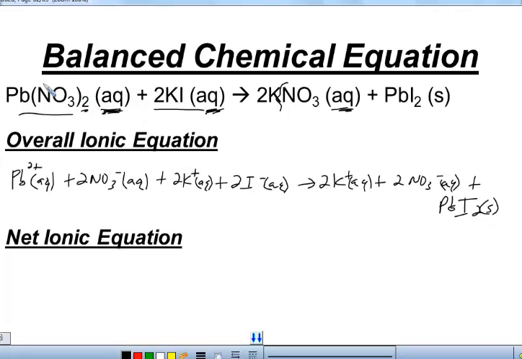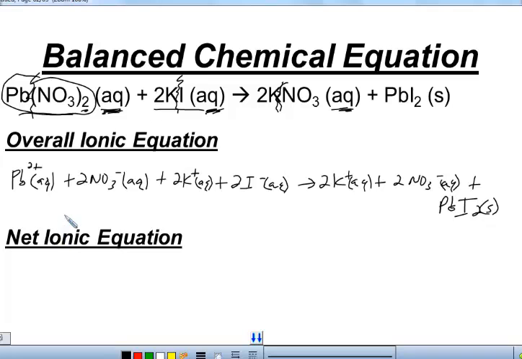If this is an aqueous solution, really these 2 things are not together. They're broken apart if they're aqueous. Any ionic compound that's in water is broken into ions. So why not show them broken apart? That is what's really happening.